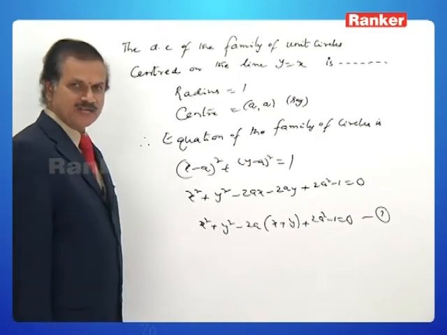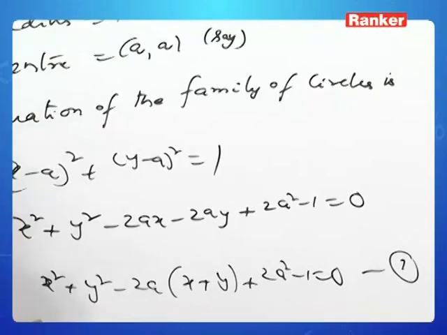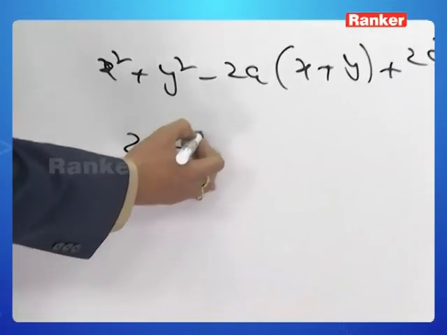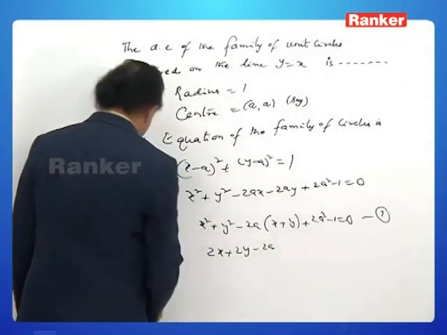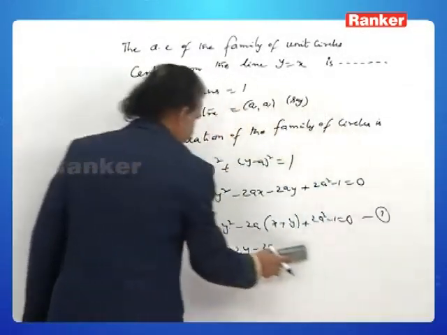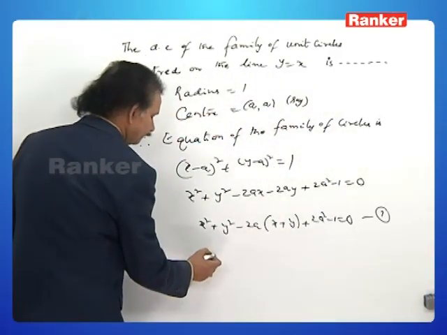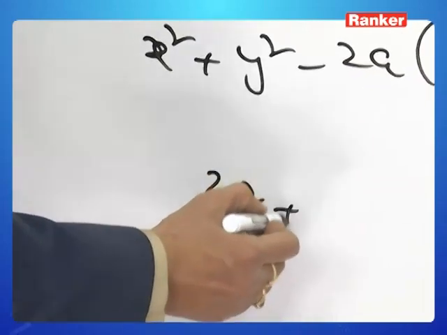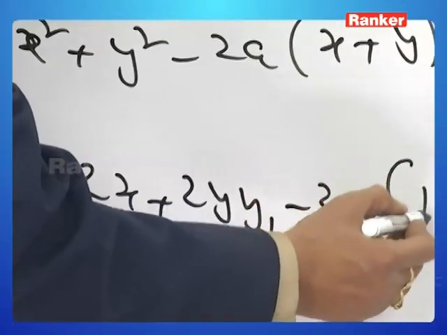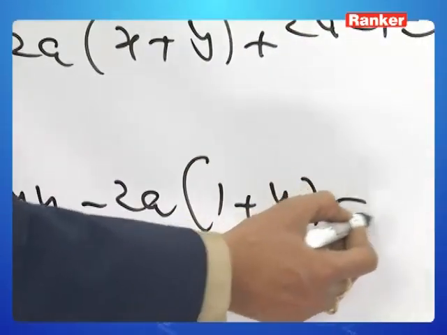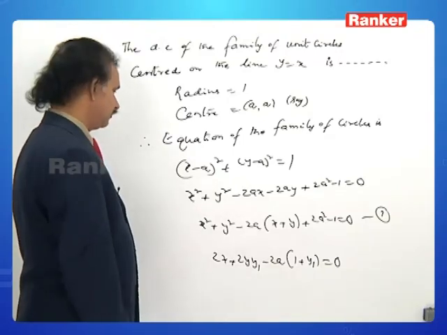How many times can you differentiate? One and only once. Differentiate it with respect to x. 2x plus 2y y1 minus 2a into 1 plus y1 is equal to 0.